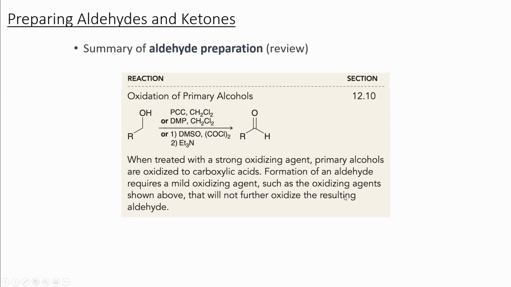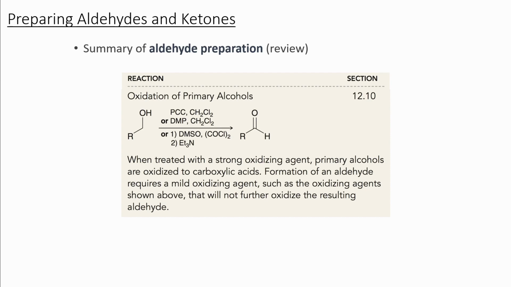So next we're going to go through a series of reactions that you've seen before. These are all reviewed reactions, but these are the reactions that we can use to prepare aldehydes. The first reaction is one from chapter 12, where we were able to prepare an aldehyde from the oxidation of a primary alcohol.